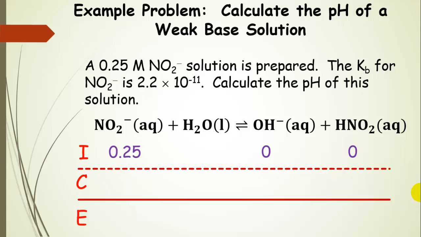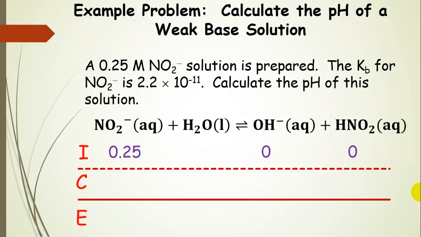Next, we're going to plug in our initial conditions. So again, remember that 0.25 molar nitrite solution, that's our initial concentration of nitrite, and we are saying that there's no hydroxide and no conjugate acid or nitrous acid at the beginning of this reaction.